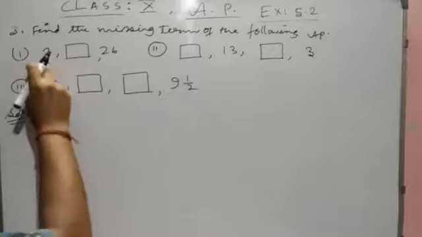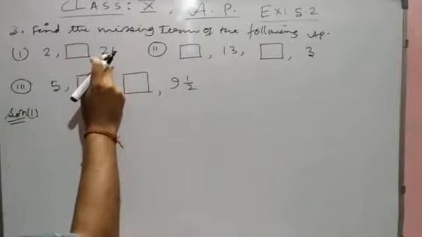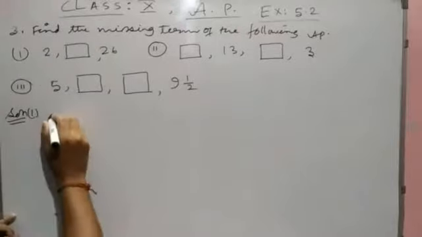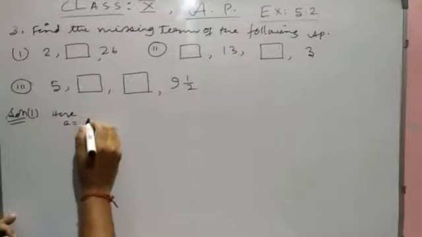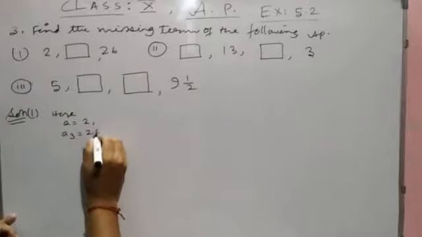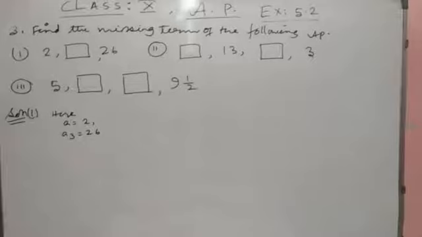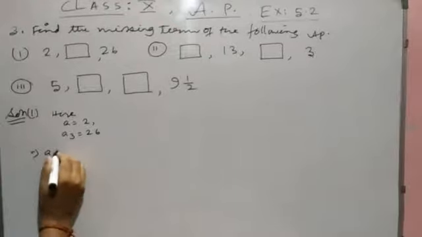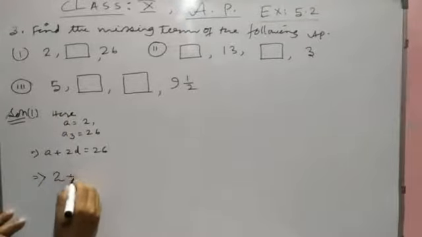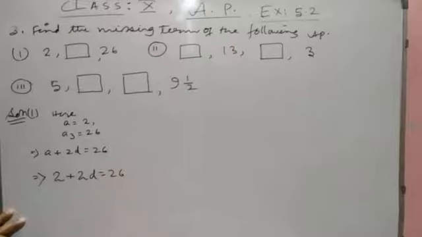Here the missing term is not there. The first term is a, and you have to find out the second term, and this is the third term. So here a equal to 2, and a3, the third term, equal to 26. We know that a3 equal to a plus 2d. This implies that a means 2, so 2 plus 2d equal to 26.